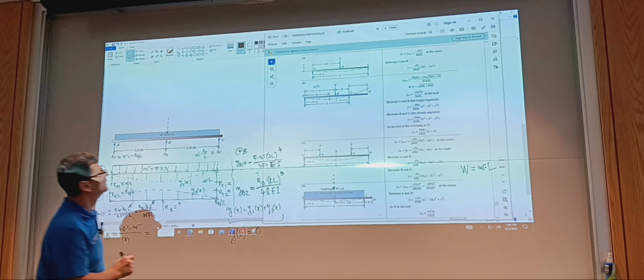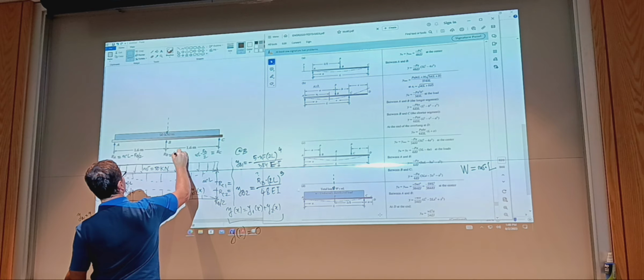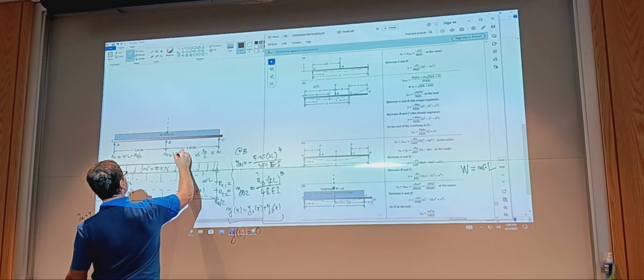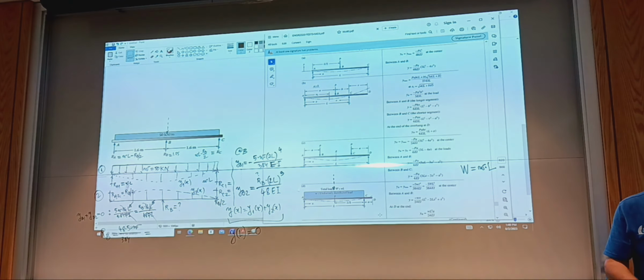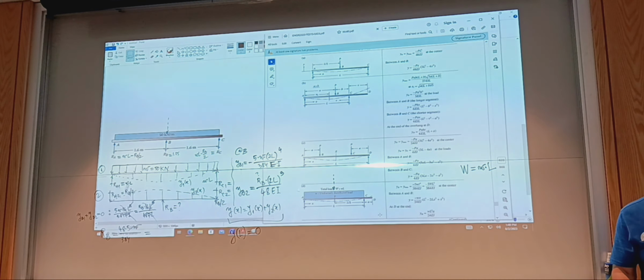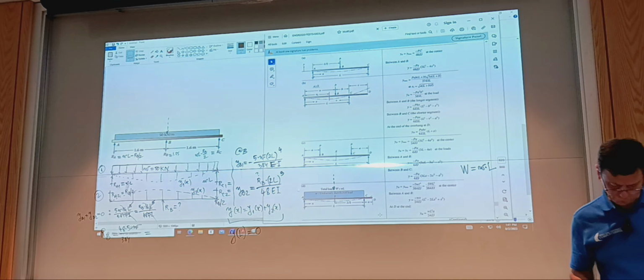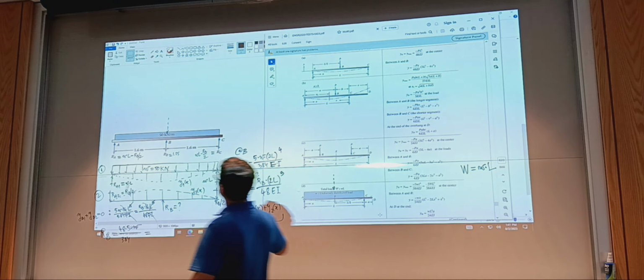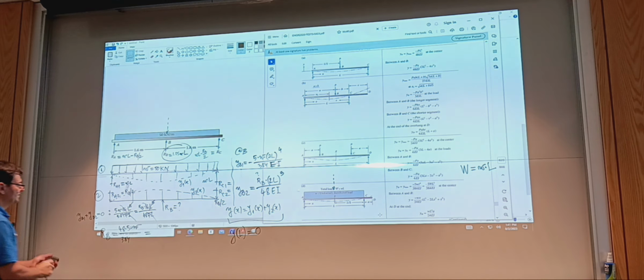We know what this was. I erased the board. So what was this? 1.25. I need to go back to the appendix. So the statically indeterminate case, and it was entry G. Yes, and RB is 1.25 W times L, lowercase w times L. So let's see if this is this value here.